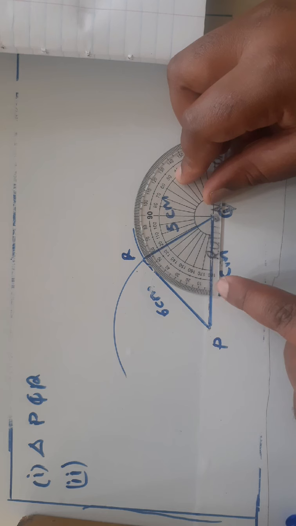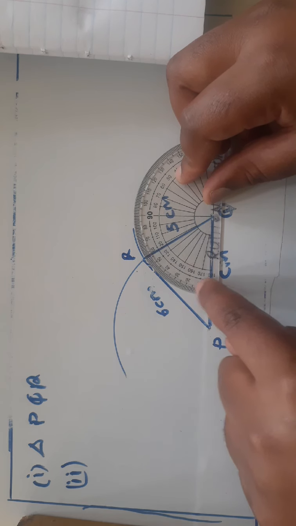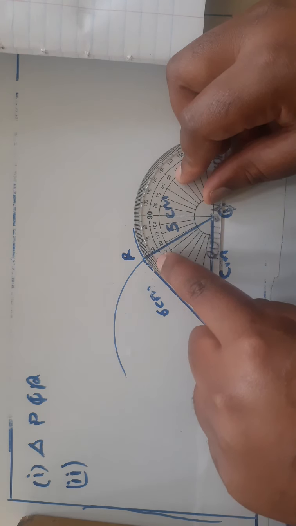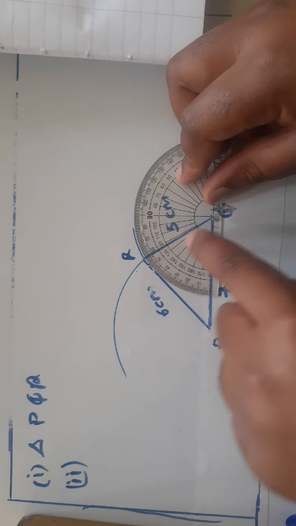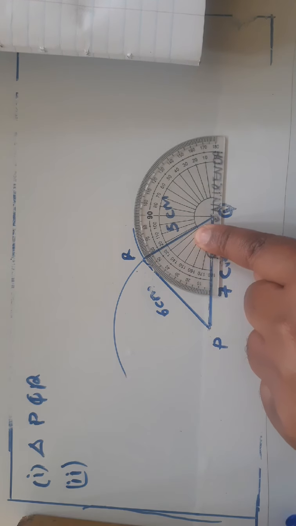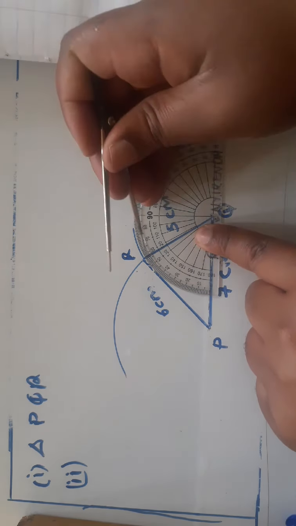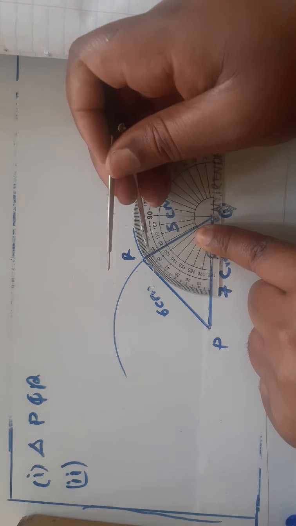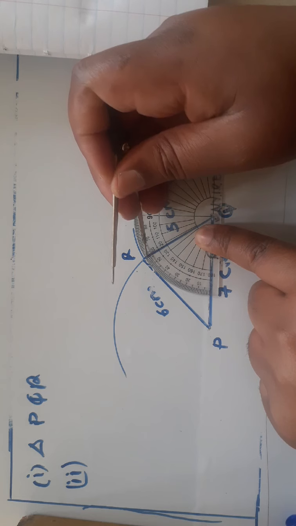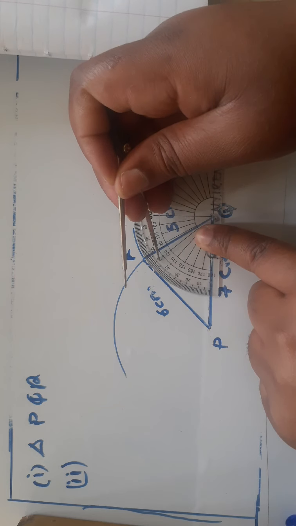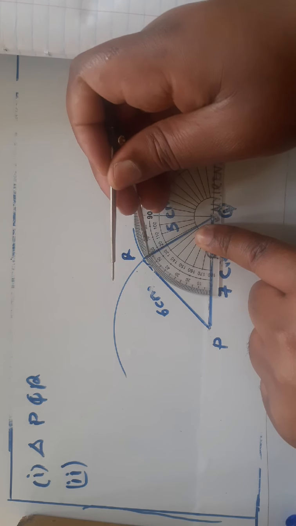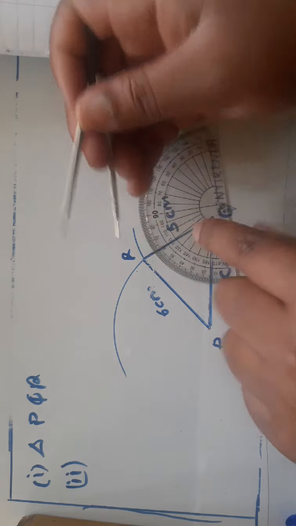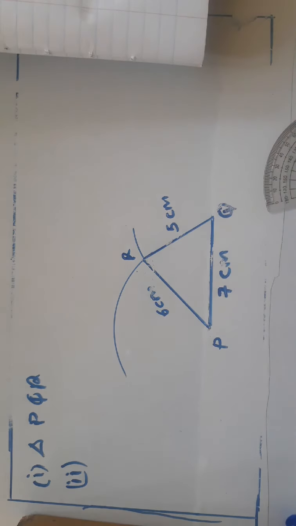I'll start reading from 0, 10, 20, 30, 40, 50, up to a point where a mark coincides with the line. In this case, mine is somewhere here. This is 50, this is 55, 56, and this is like 57. So the angle there is 57.